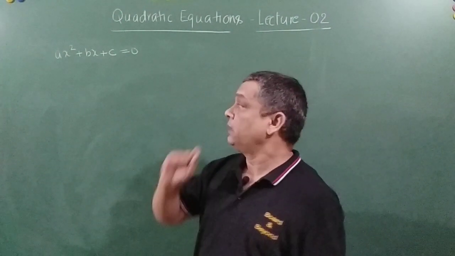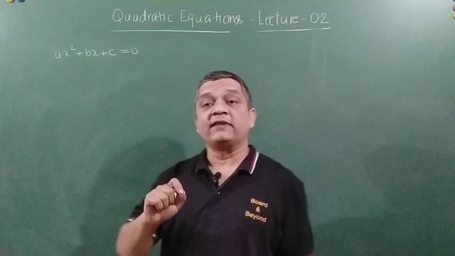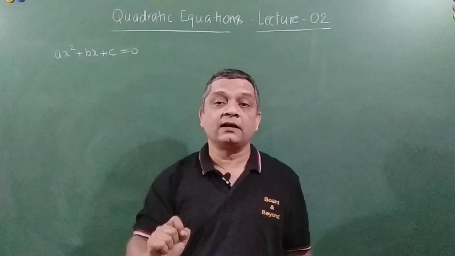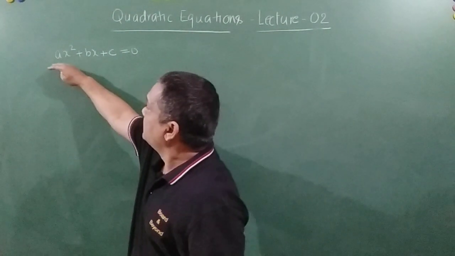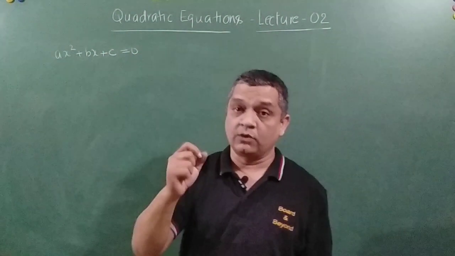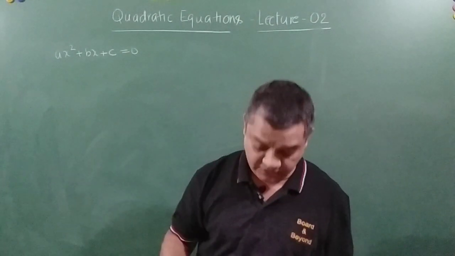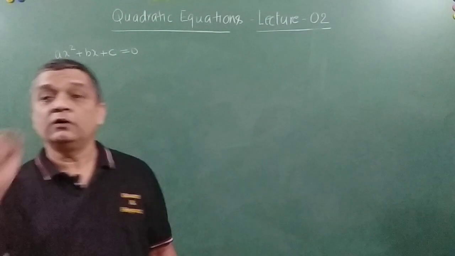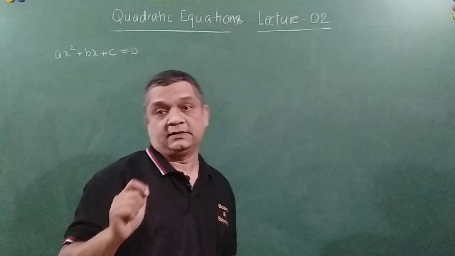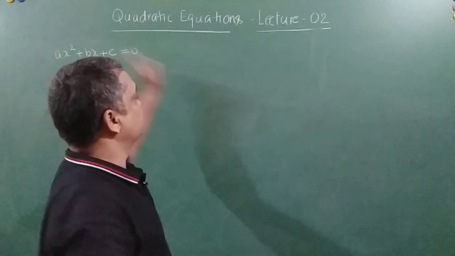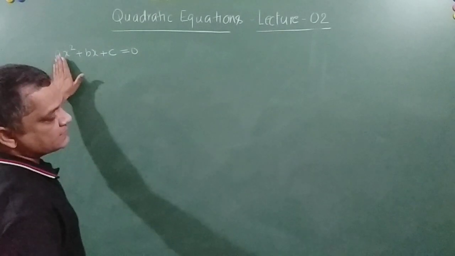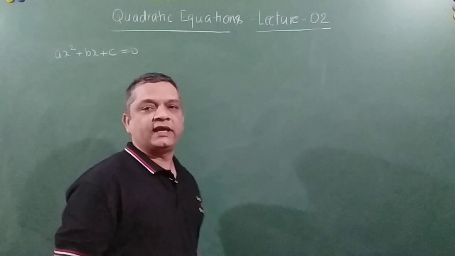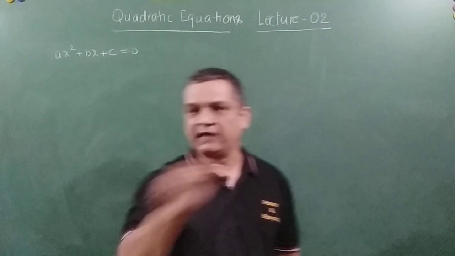What I have done here is that I have taken a generic or standard quadratic equation, right? So we will try to find the roots for x here, the roots for this quadratic equation. Okay, so what is this? This is ax square plus bx plus c, right friends?